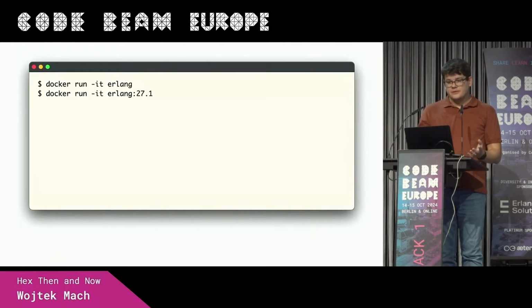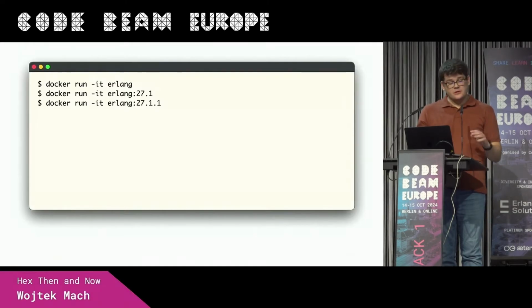So we can pin a version, but this is still not quite enough, because this tag 27.1 would be automatically updated, mutated, when 27.1.1 is released. And so there is, of course, backwards compatibility, but there could be unforeseen issues when we got something that we didn't exactly specify.